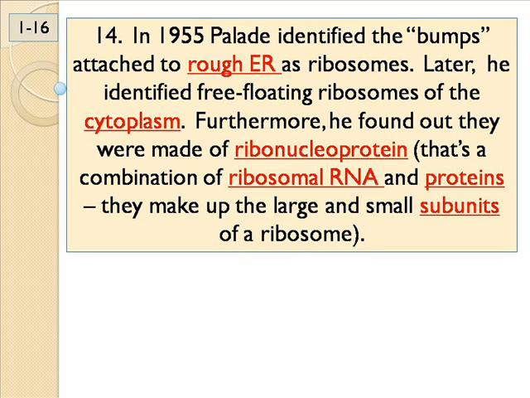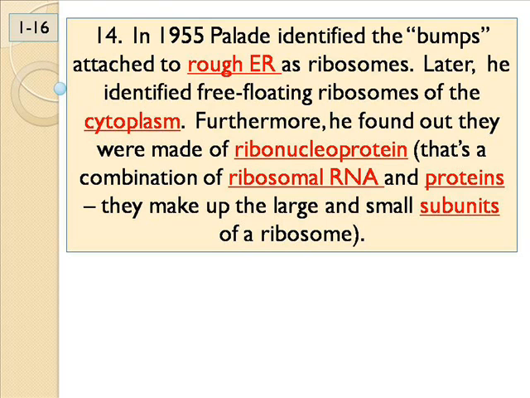But when he was looking at the ER along with Claude, he goes, what are those bumps? And then Palade goes, I'm going to find out what they are. Palade figured out those bumps are ribosomes. And he kept looking, hey man, they're floating around the cytoplasm too. So I find ribosomes in two places, hooked to the ER, or just floating around.